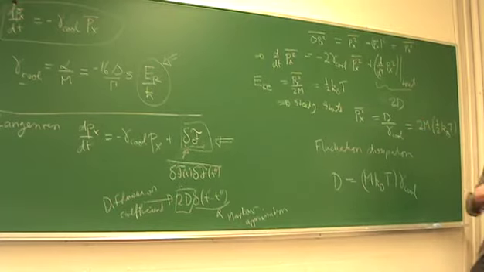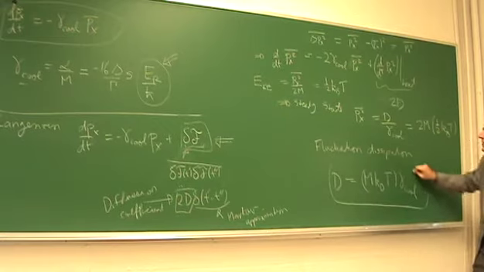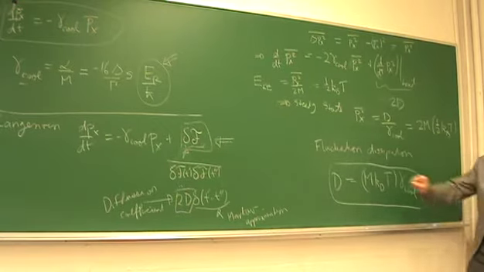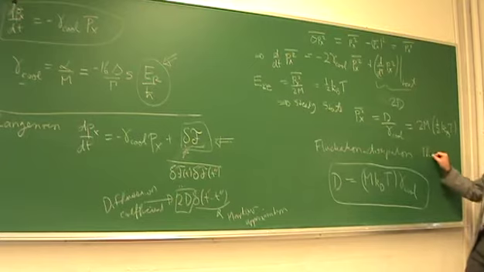And so this gives us an important, fundamental relation, which is related to what's called the fluctuation dissipation theorem. The fluctuation dissipation theorem says that fluctuations in the momentum and damping of the momentum are not independent processes.